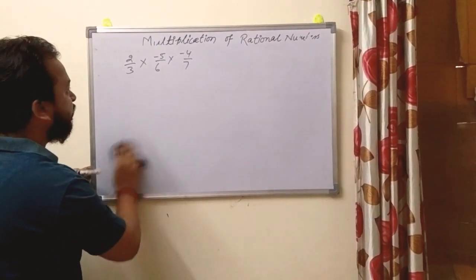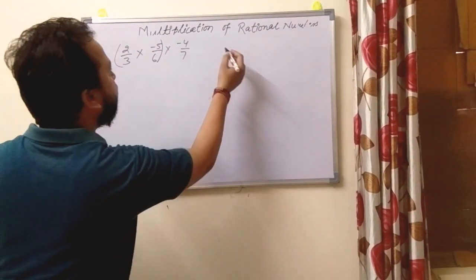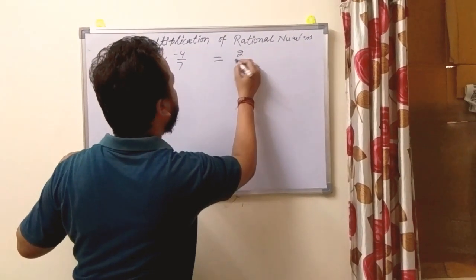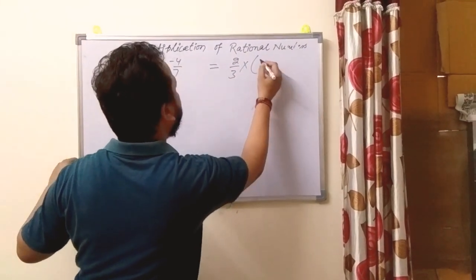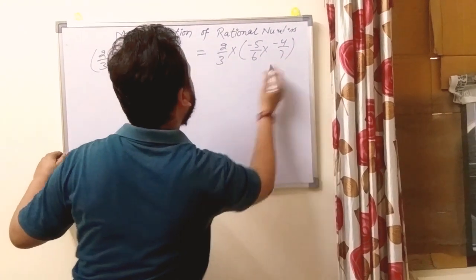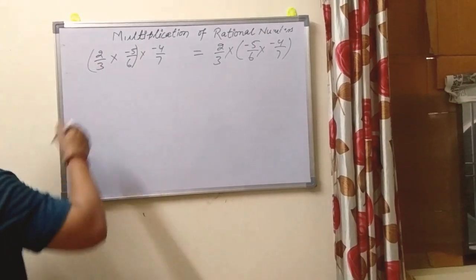We are going to solve it using the associative property. Means if we group this, the answer that comes in both the cases will be equal. So solve it.